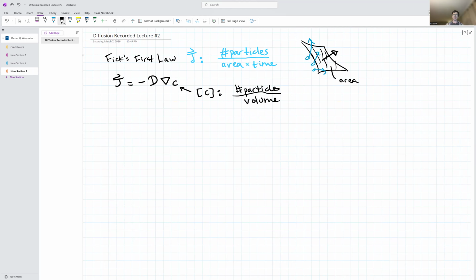Now, in the book, it's a little different. The book uses mass instead of numbers of particles, but it's the same thing. You just replace number of particles with mass in kilograms, and then you get the same results.